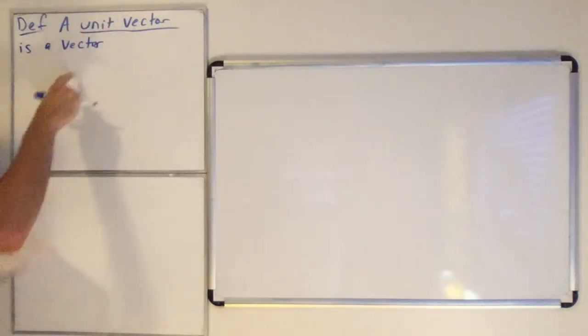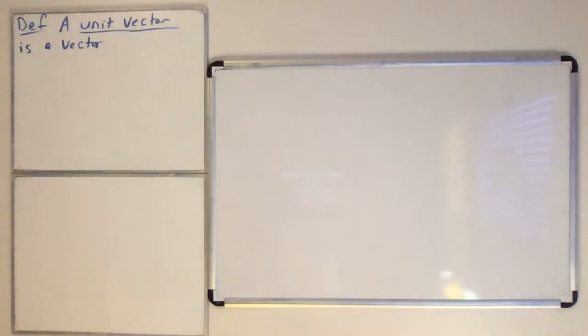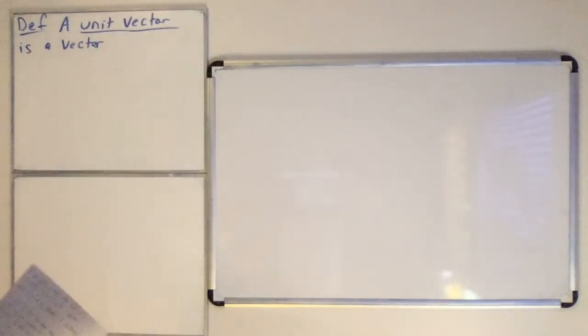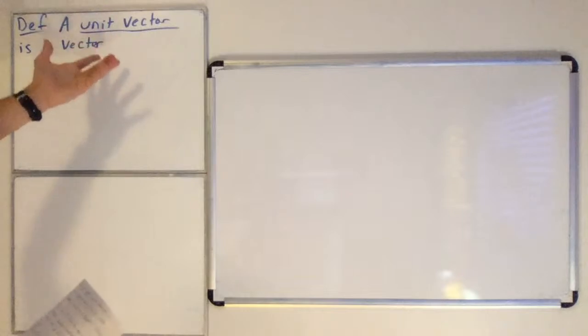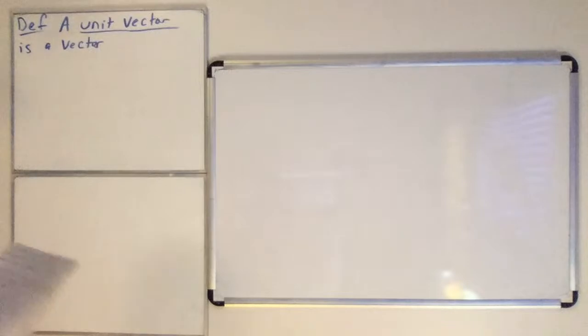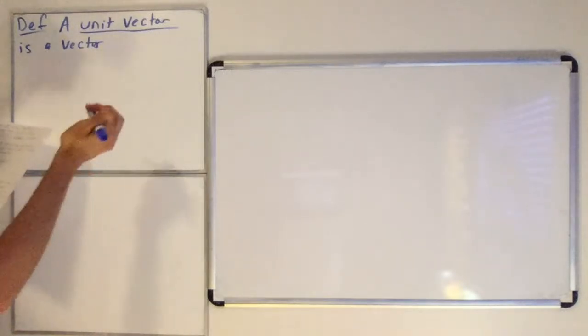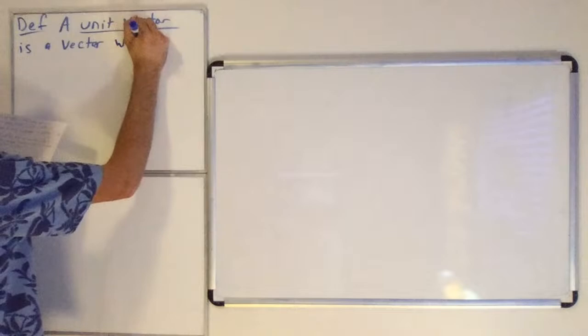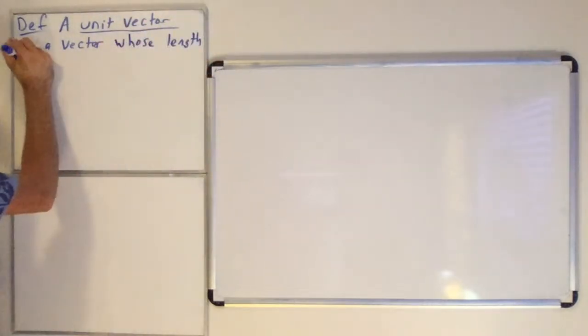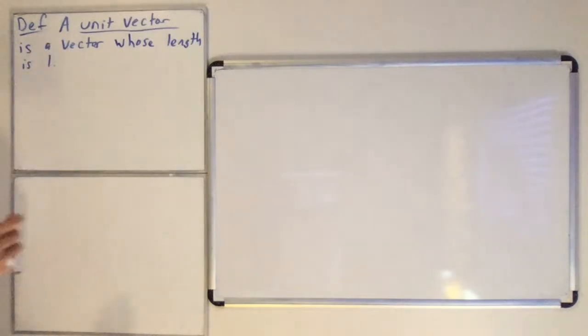So it's a vector not in the column vector sense, but in the more theoretical vector space sense. So we'll see, like, if a polynomial's length is 1, we call it a unit vector. Right, so if we take the inner product with itself and we get 1, then we have a unit vector.